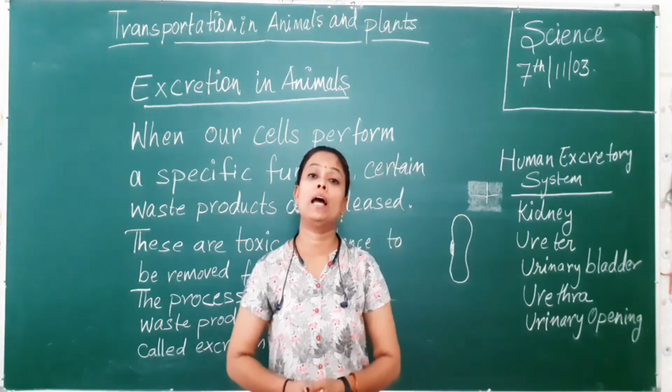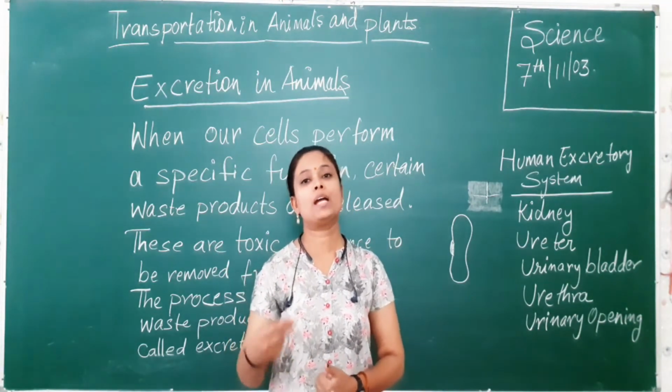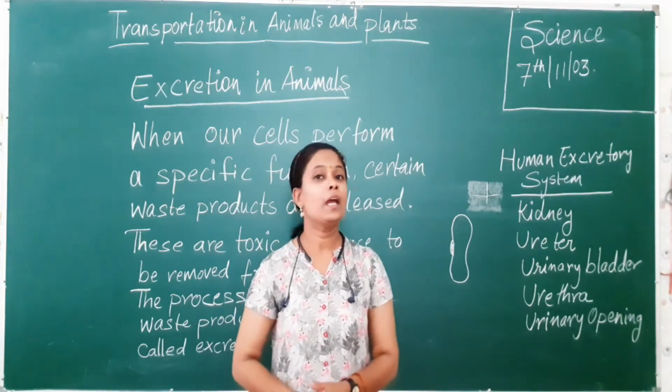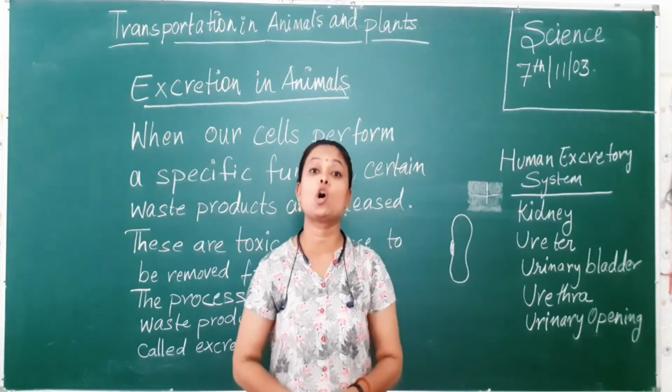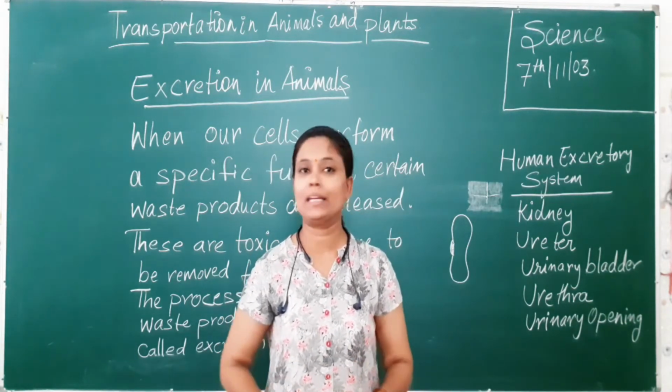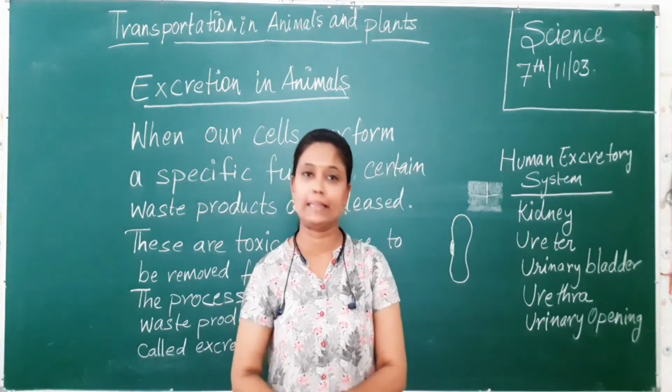So some people have 1 kidney, some have 2. The person who has 1 kidney, it doesn't mean he is not strong enough to be alive or to do his work. No, nothing like that, beta.